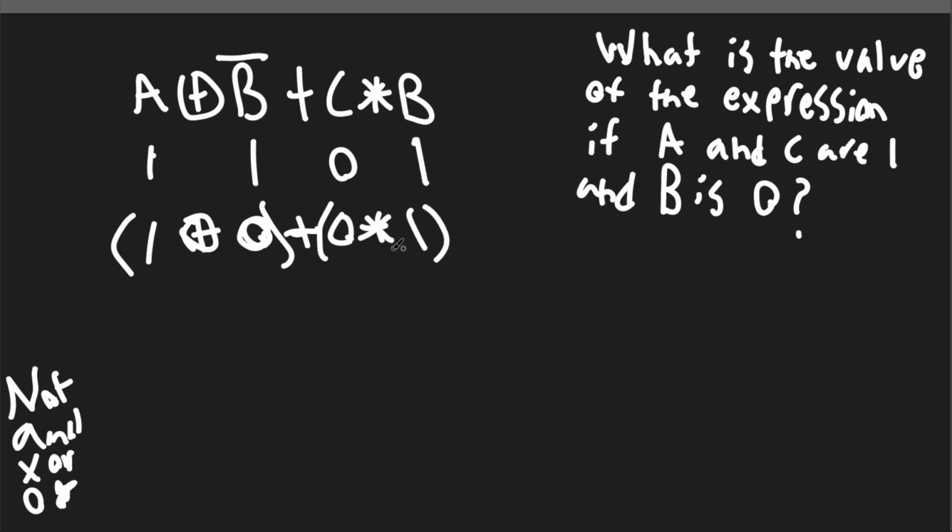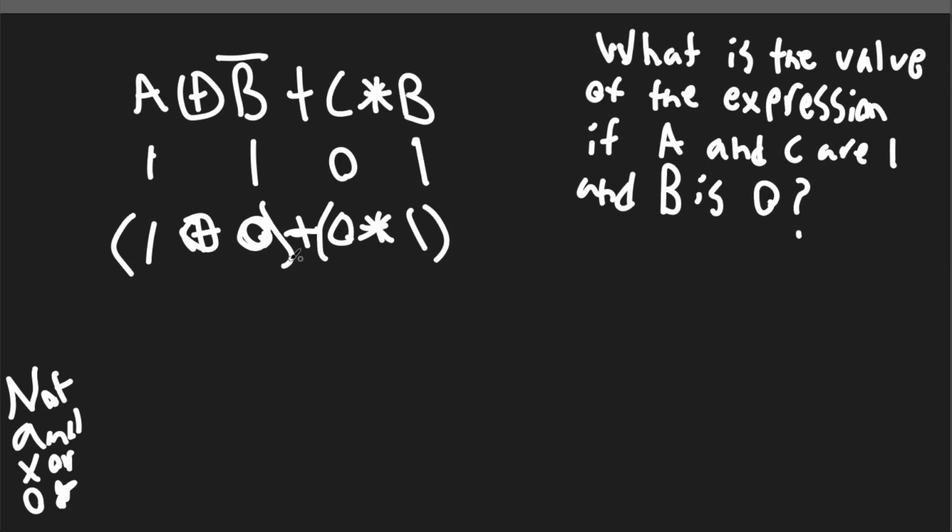So to say this out loud, we're going to say that it is A XOR not B, or C and B. And that's how you'd say it out loud.